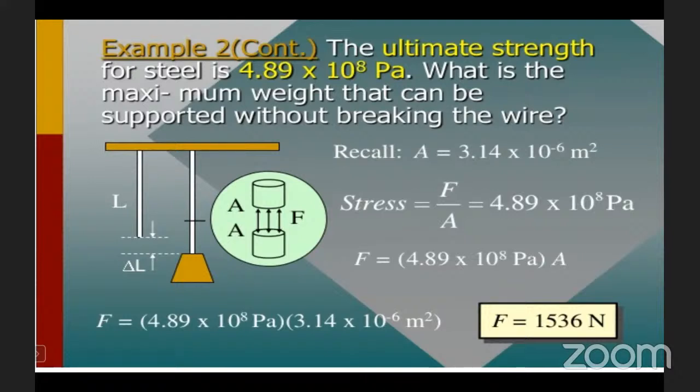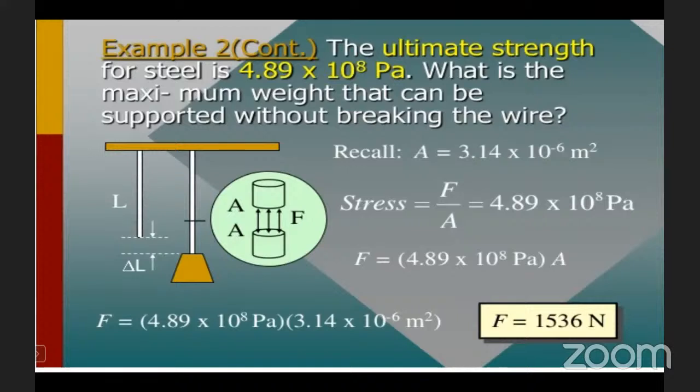Area means pi d squared by 4. Here d means the diameter, which we take from the given value; we are not assuming the d value.